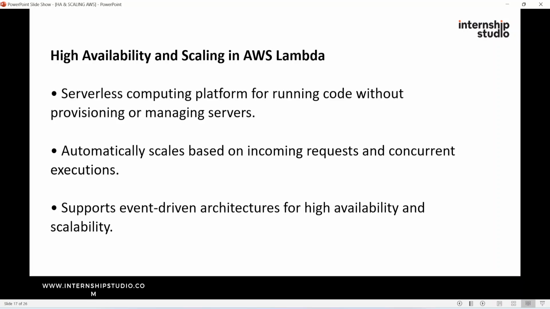Also, we have the possibility of creating custom events. It allows us to create custom event sources using an SDK or an API Gateway. This flexibility allows developers to build event-driven applications tailored to specific requirements. Also, it has automatic scaling based on dynamic resource allocation, and concurrent execution is also there.